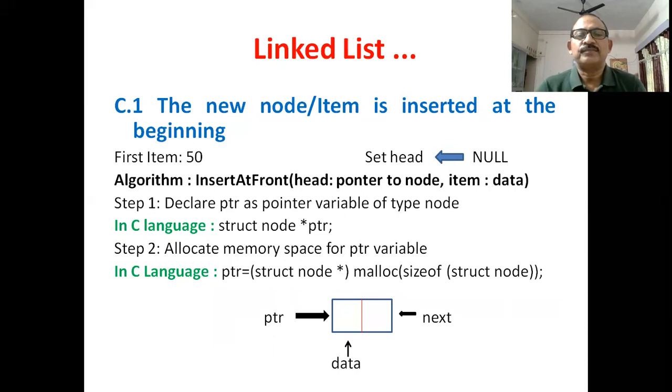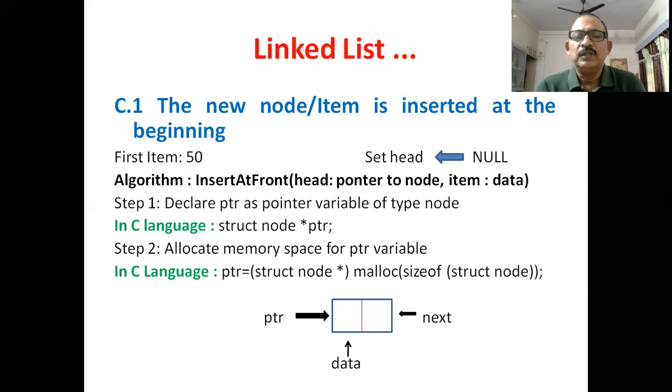After this, the compiler allots memory space and PTR points to that memory space. Is it clear? Now PTR points to the allocated memory space.